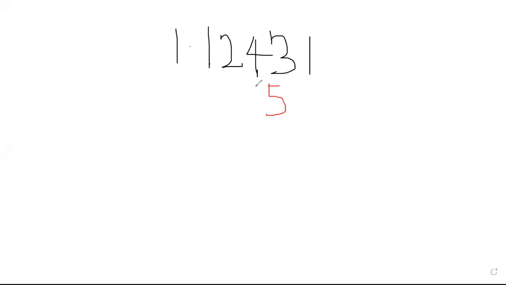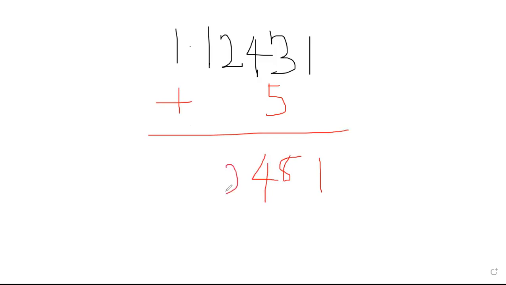So I will add 5 pips to the fourth value from the decimal. 3 plus 5 gives you 8. 4 comes down, then 2 comes here, then you have 1 point 1. So this makes it 1.12481. Let's say I want to add 10 pips.